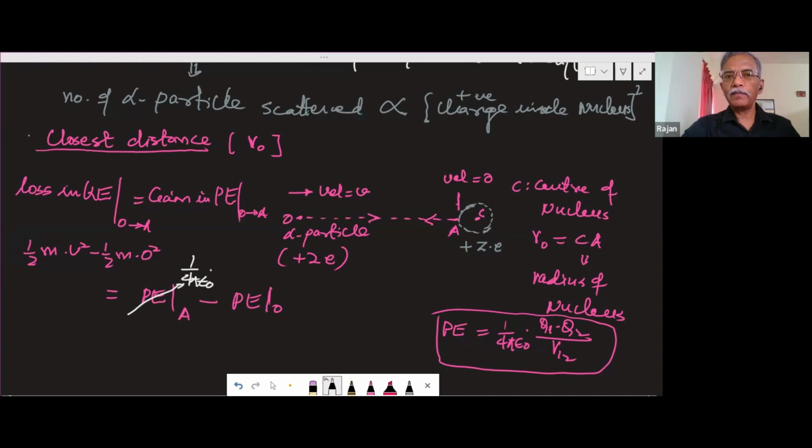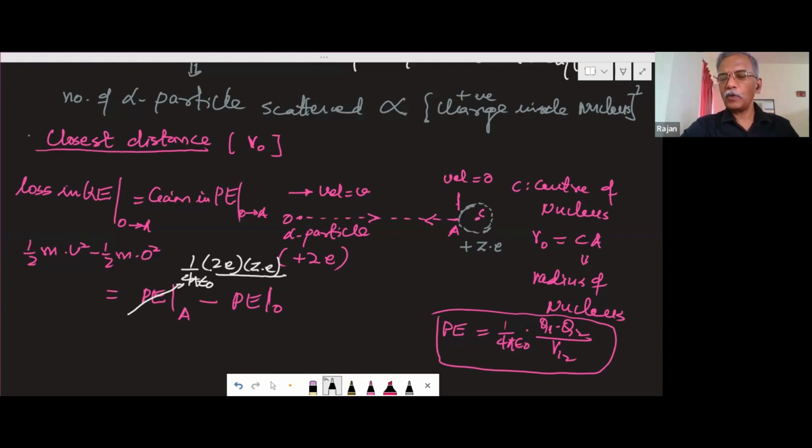What is Q1? The alpha particle, correct? So I'll take Q1 for the alpha particle as plus 2e, of course. And the other one is that of the metal foil, which I'm taking as Z into e. They are the charges Q1, Q2, divided by the distance between them.